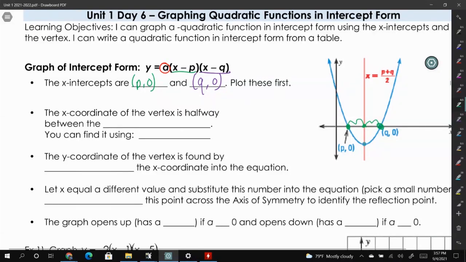So the x-coordinate of the vertex is halfway between the x-intercepts. You could use the formula p plus q over 2. That will give you the x-coordinate of it.